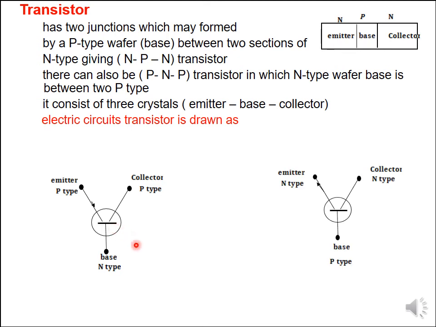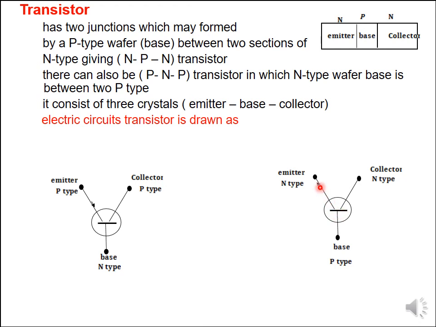Here we have an NPN transistor and here we have a PNP transistor. It also consists of three crystals: emitter, which is N-type, collector, which is N-type, and base, which is P-type. We said the base is very thin, a few microns, and contains very few impurities, so the current of the base will be very small.